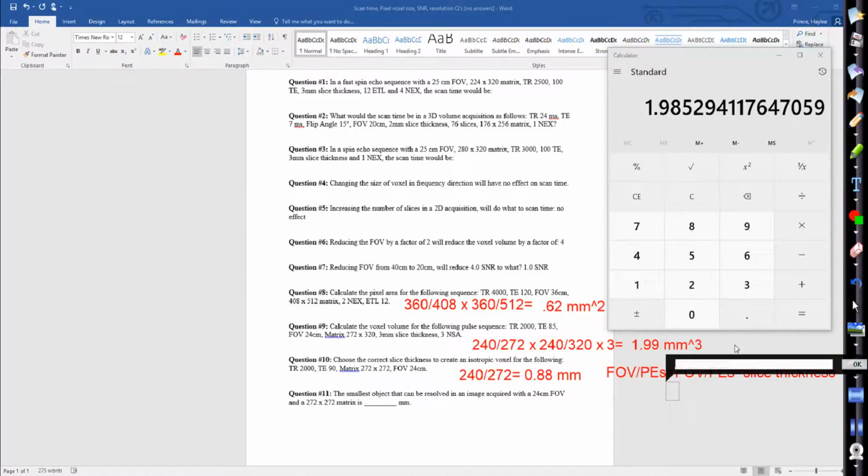But if you're calculating for an isotropic voxel, all you have to do is just remove the equal sign and just put a multiplication sign.